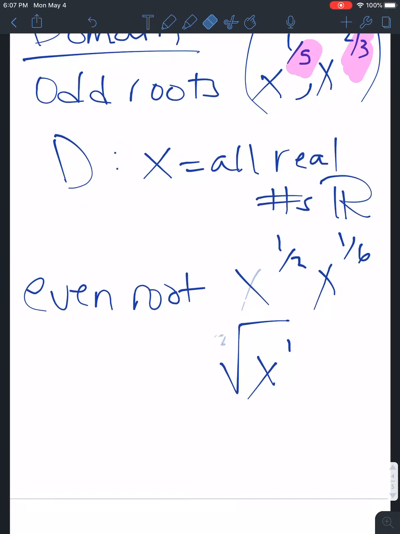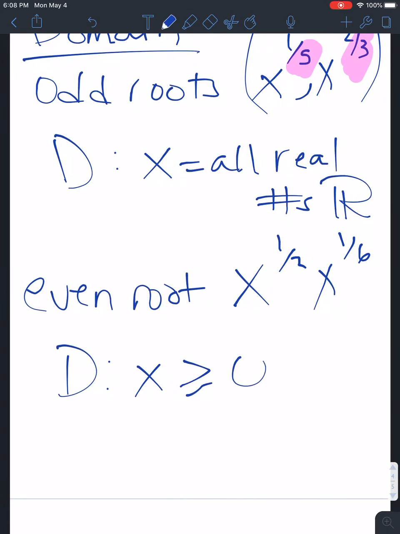So these are similar to square roots because they're even roots. You can't take the square root of a negative number. So your domain is that x is bigger than or equal to 0. All right? So all of your x's have to be bigger than 0 because you can't take the square root of a negative number or any even root of a negative number because it's imaginary.